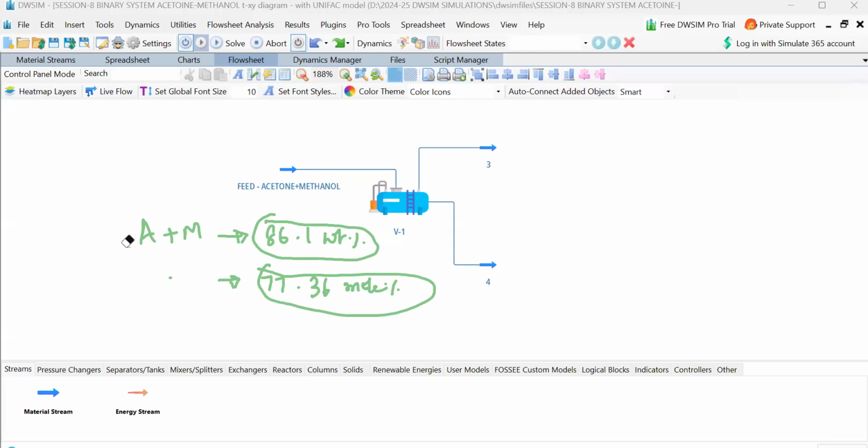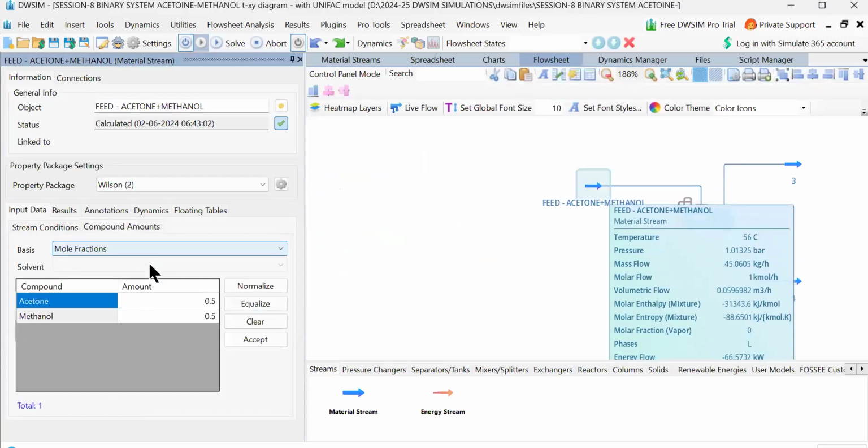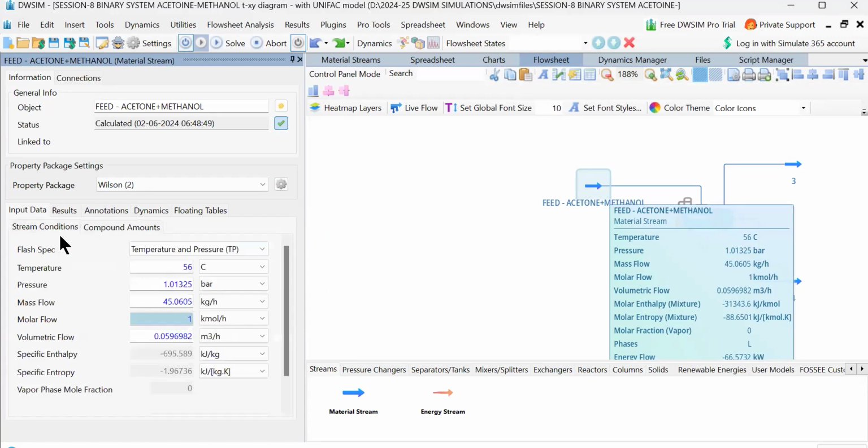Okay, right. So let us take a feed composition of 50% and 50%. So this is already set, acetone 50%, 50%. I accept it. In stream conditions, temperature and pressure, let us specify temperature to be normal temperature.